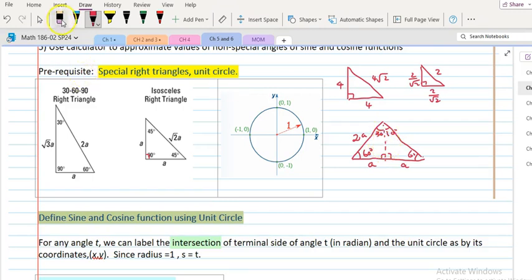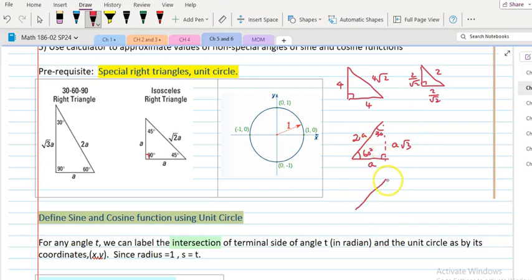So if I erase half of it, I get a 30, 60 right triangle. This is A root 3. So A, 2A, and A root 3, that's the template of a 30, 60 triangle.